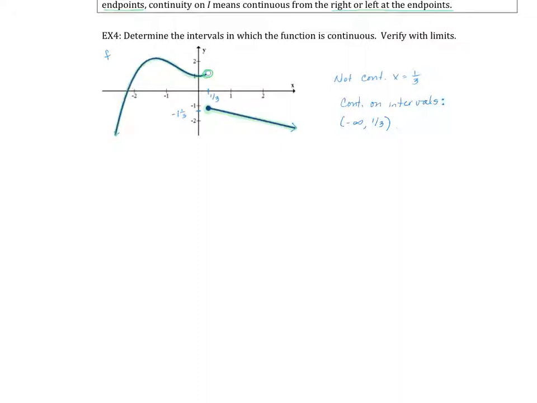So we don't use that union symbol, we use a comma when we're listing intervals of continuity. It's going to be this bracket, and I'm going to include the 1/3, and then we're going to go to positive infinity. So those are the intervals where my graph is continuous. So I'm going to verify this by using limits. Well, this first interval does not contain its endpoints.